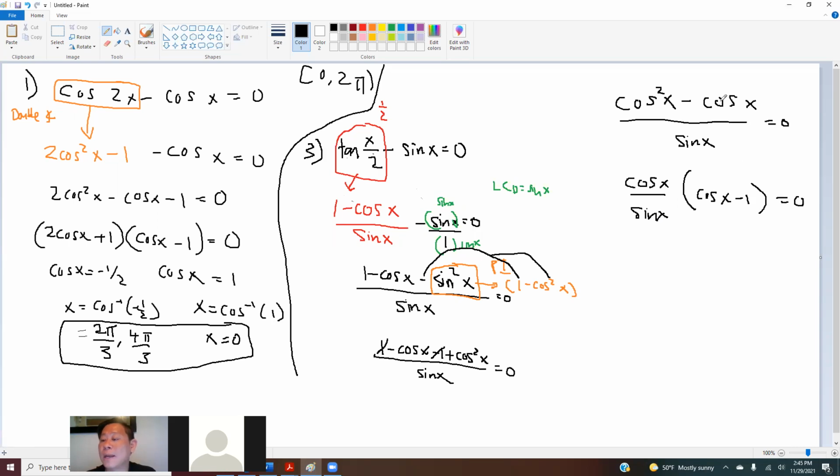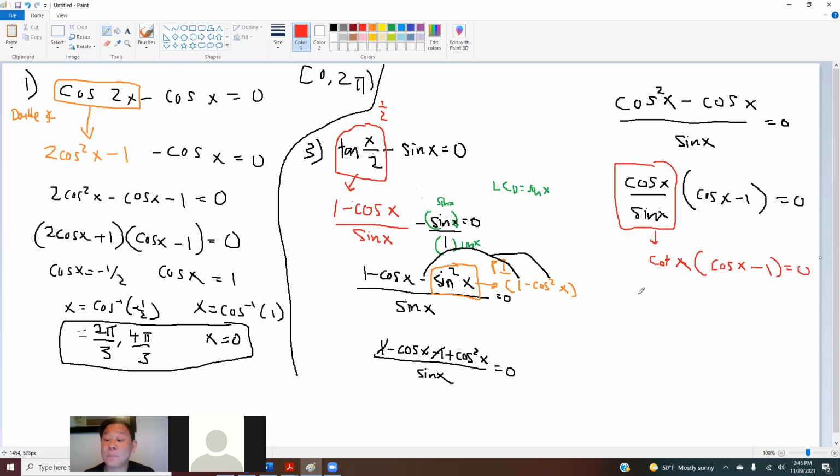So I take cosine x out on the top, so I will get cosine x minus 1, and then the denominator is sine x, so I just make it sine x. Now we have a quotient here. What's the quotient identity for cosine over sine? That will be cotangent. So this is cotangent x times cosine x minus 1 equals 0.